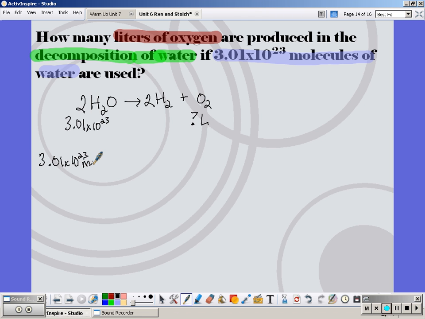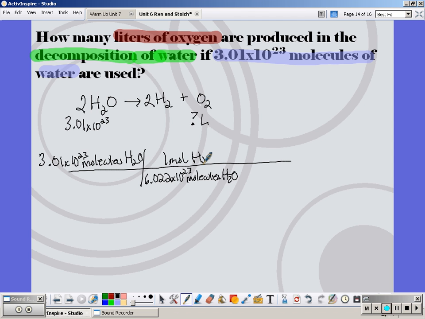First thing I want to do is convert to moles. Remember, moles and molecules are not the same thing. So for molecules, we would use Avogadro's number, and that is 1 mole of water. Now I can use my mole ratio to change from water to oxygen, coefficients 1 and 2, and then I want liters, so I'm going to say 1 mole of oxygen is 22.4 liters.